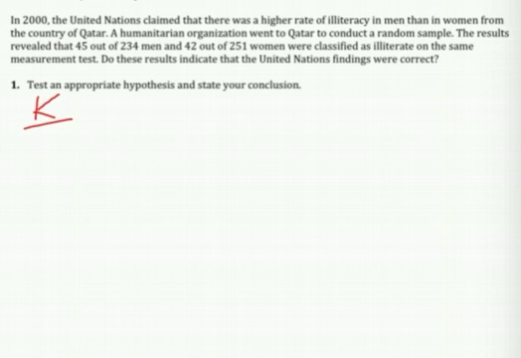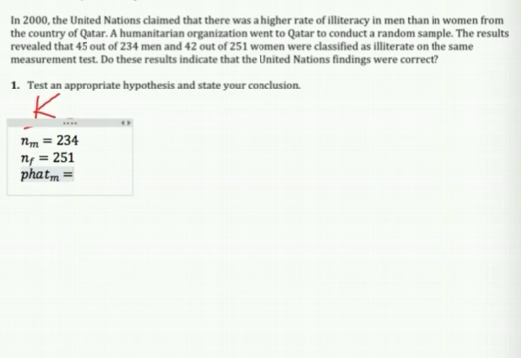Number of males, 234. Number of females was 251. p hat for the males was what?